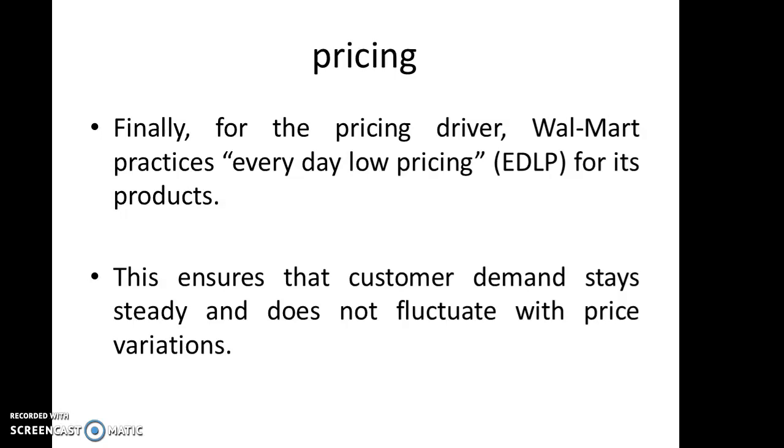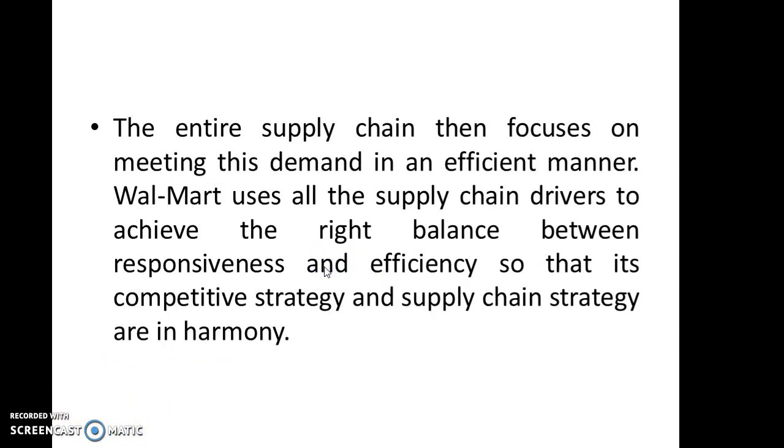That is ensured by Walmart. So this ensures that customer demand stays steady and doesn't fluctuate with price variations. That means customers have the belief that whenever they go to Walmart, they get the product at a lower price. The entire supply chain in Walmart focuses on meeting the demand in an efficient manner.